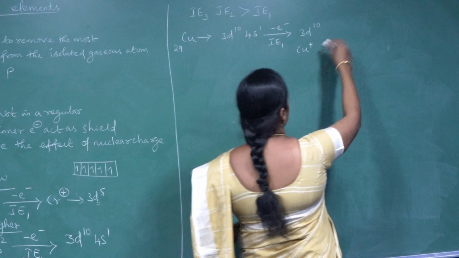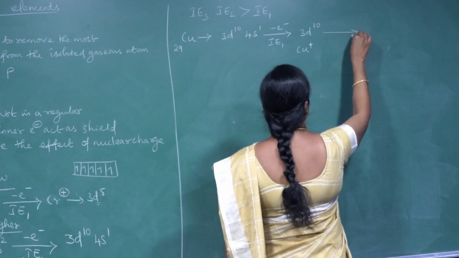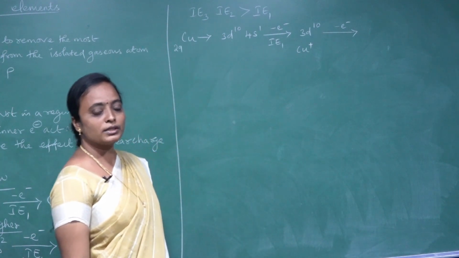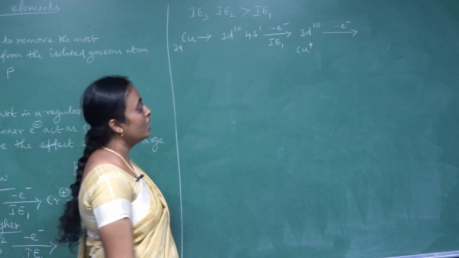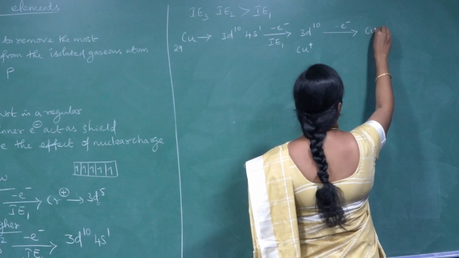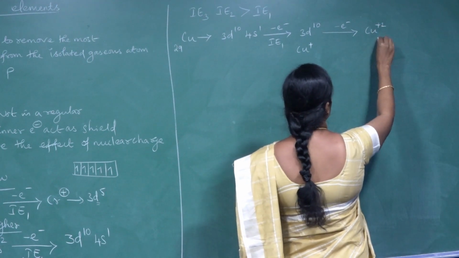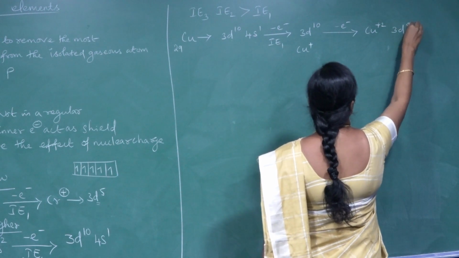Next, suppose I remove one more electron. The removal is possible, but we have to supply more energy to form the Cu plus 2 ion, which has the electronic configuration 3d9.